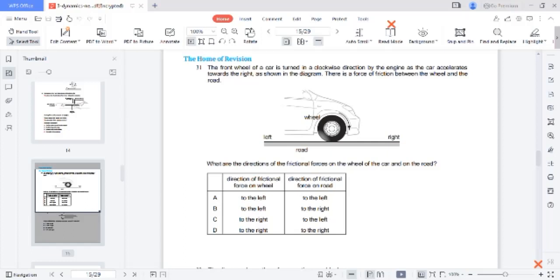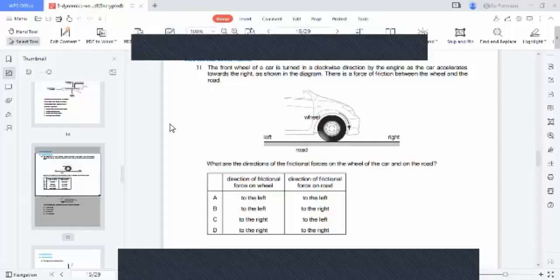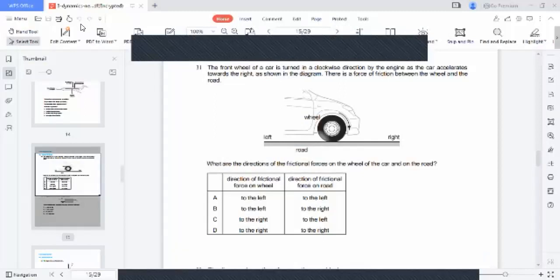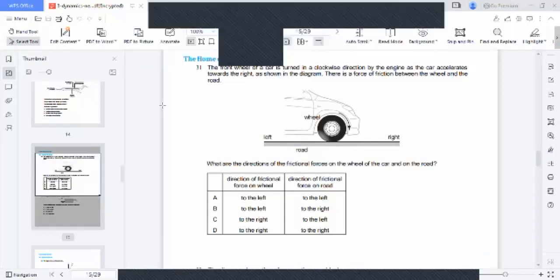So the wheels are going towards the right clockwise, so actually if we see, the direction of the wheel is going in clockwise direction.